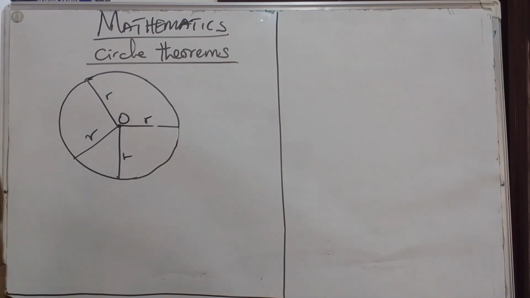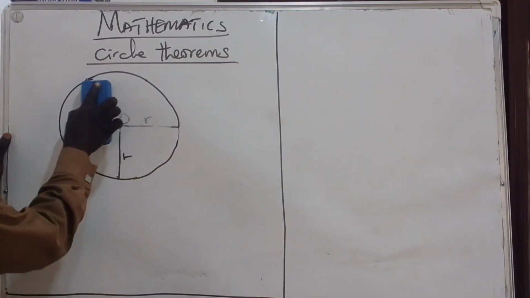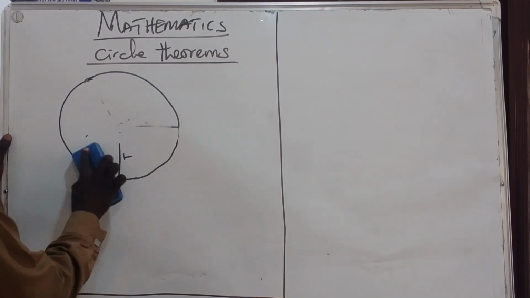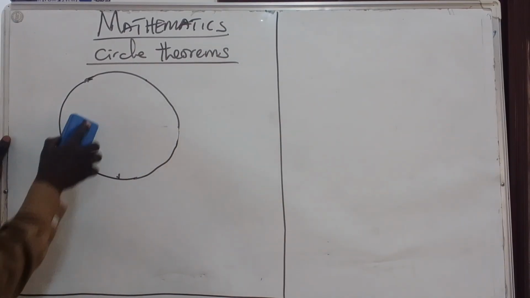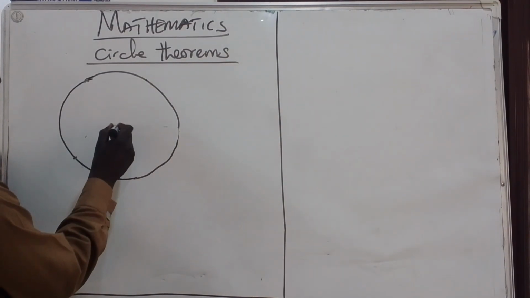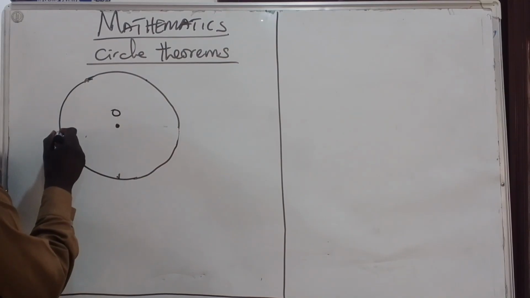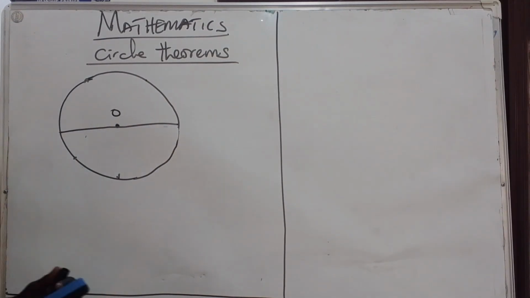Students and viewers should also note that if you have a circle and a straight line passes through the center O, joining two points on the circumference, then this is what we call a diameter.